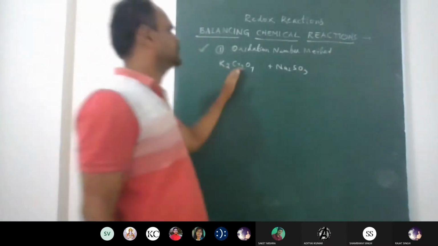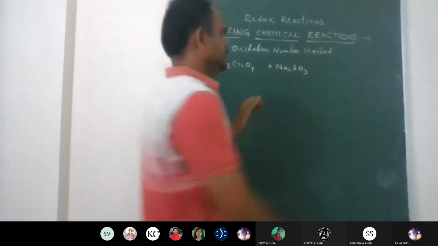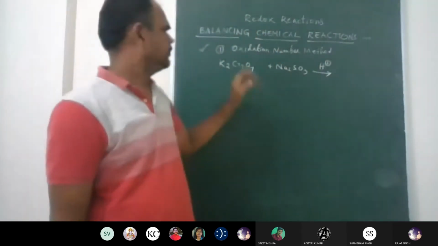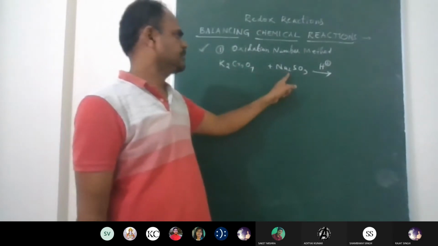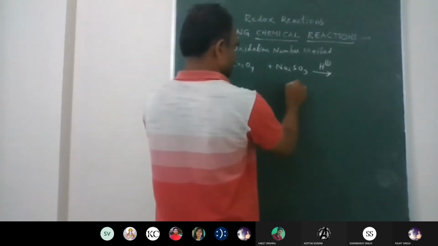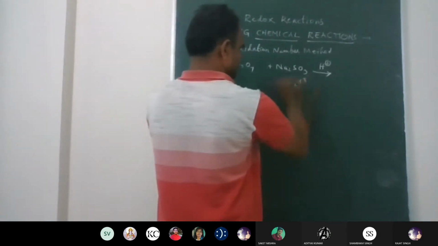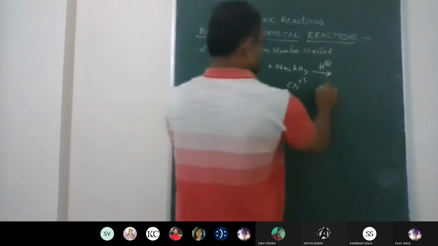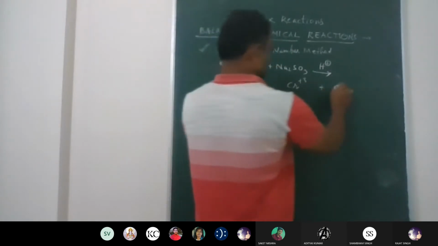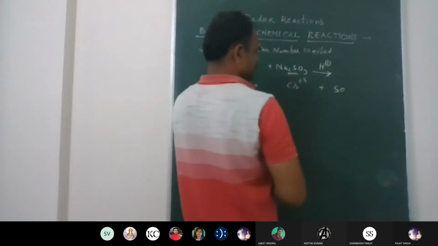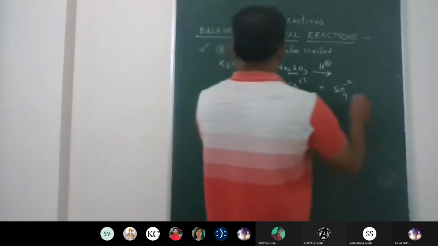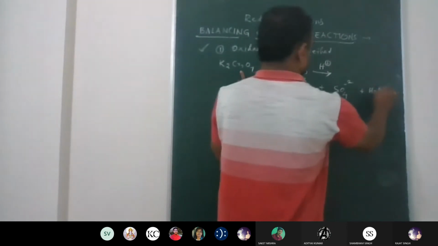When potassium dichromate reacts with sodium sulfite in acidic medium, it changes to Cr plus 3 ions, plus it forms another compound. The Cr plus 3 ion forms, and it changes the sodium sulfite into sulfate, plus water molecules.